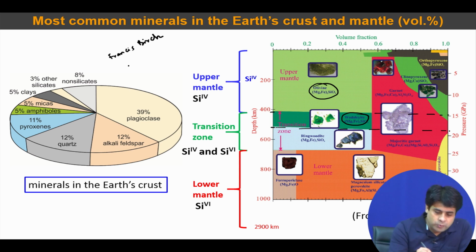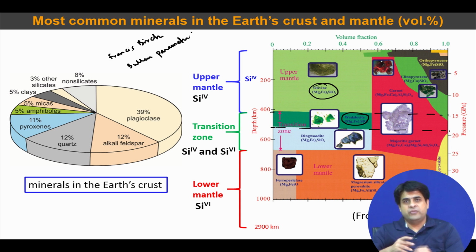So the Bullen parameter is named after a very famous New Zealand seismologist, Keith Bullen.